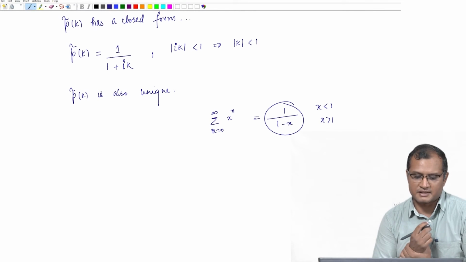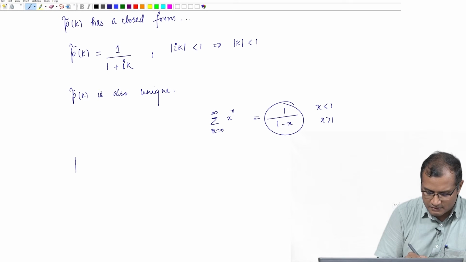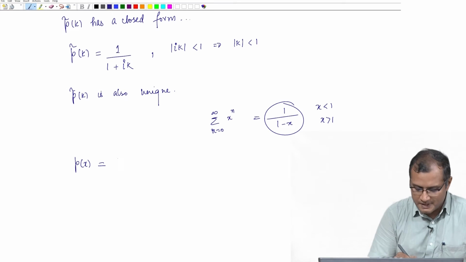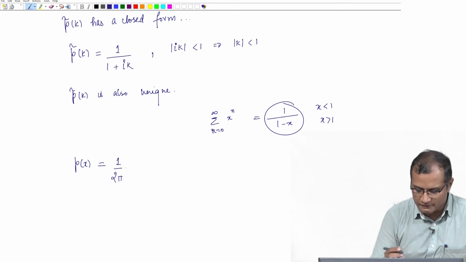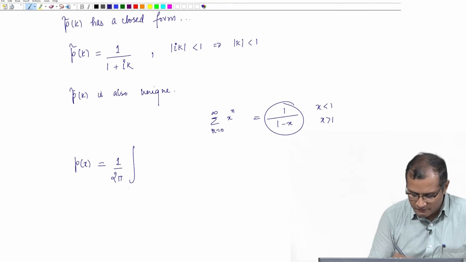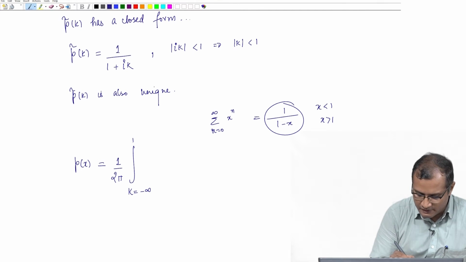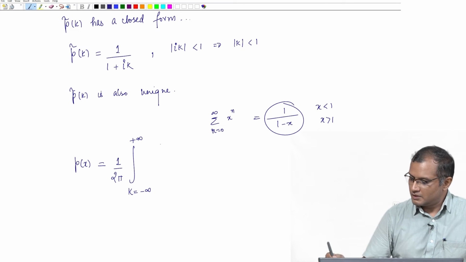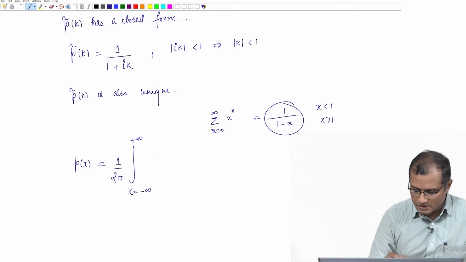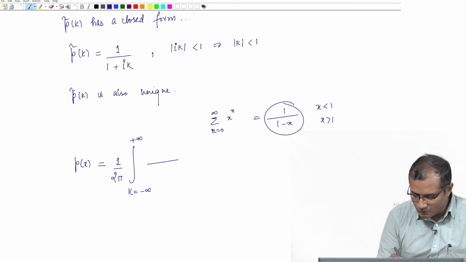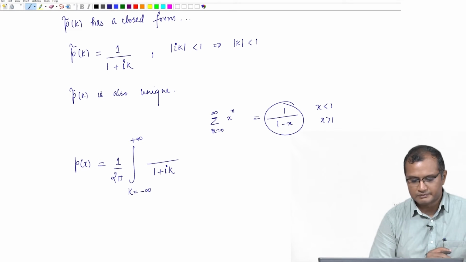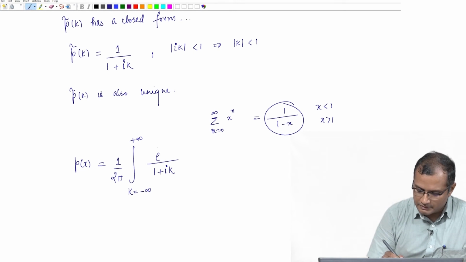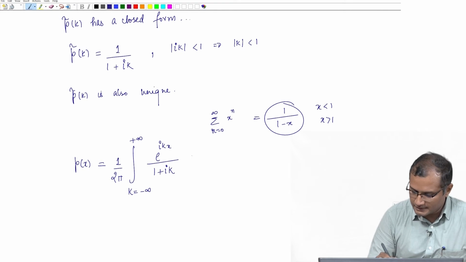Now, the characteristic function is available. The next step is just to take an inverse Fourier transform, which is basically 1 upon 2 pi. And the way I have defined my Fourier transform, the inverse transform is nothing but the integral over k going from minus infinity to plus infinity of my Fourier transform, which is 1 upon 1 plus I k, and e to the power I k x dk.